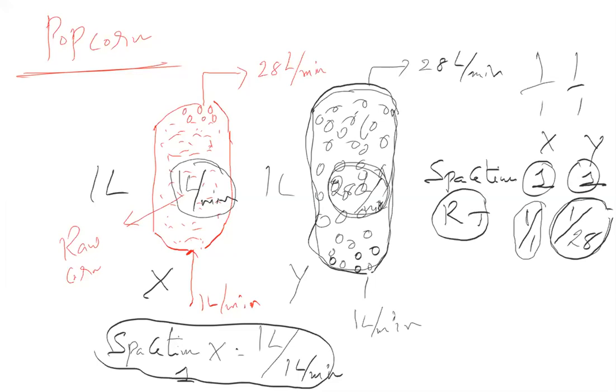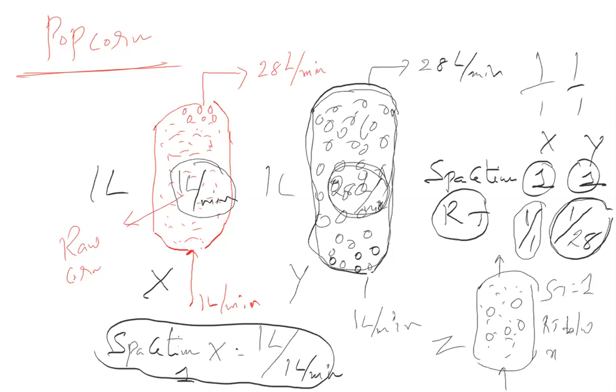Suppose you have a scenario where some is raw and some is popcorn, then this is the Z case. Space time will be 1 only, but residence time is in between X and Y. So this 1 by 28 will be roughly 2 seconds.